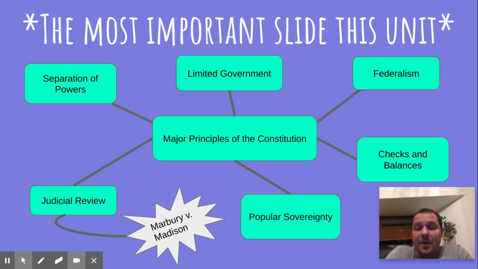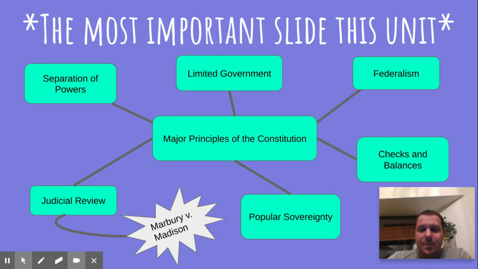But there's another built-in check in that even though the president appoints the justice, the Senate, which is part of the legislative branch, has to confirm the president's appointment. So there's lots of built-in checks and balances you'll discover throughout this class, especially as we study and learn more about Congress and the presidency and the judicial branch. You're going to see a lot of examples of checks and balances.